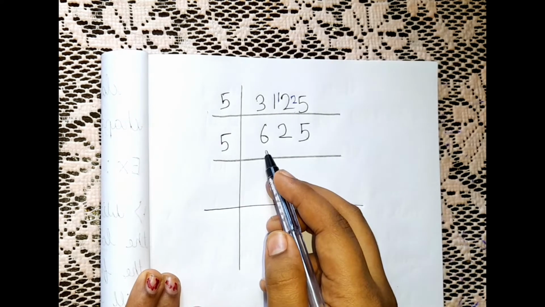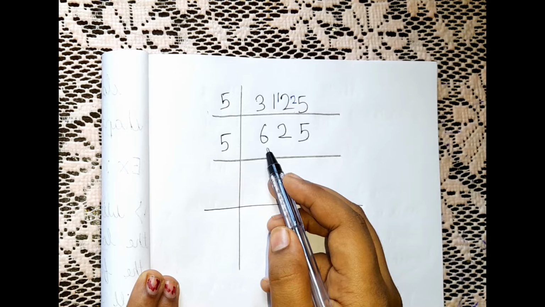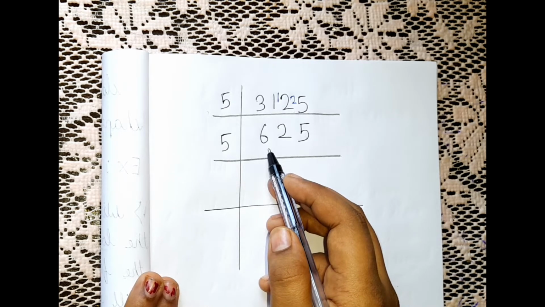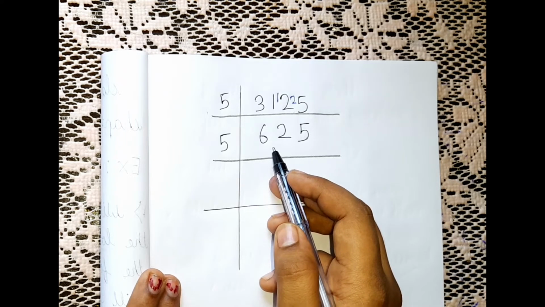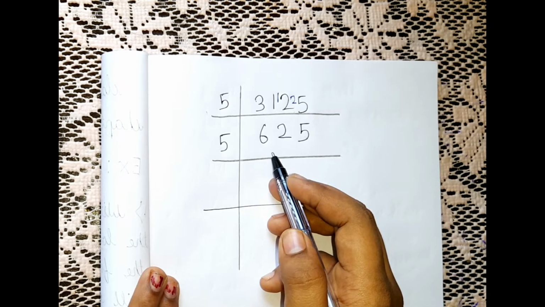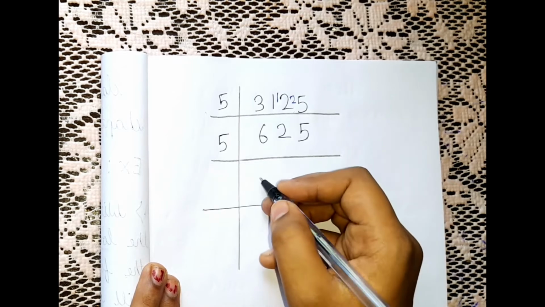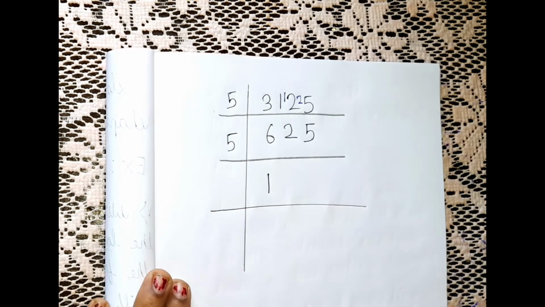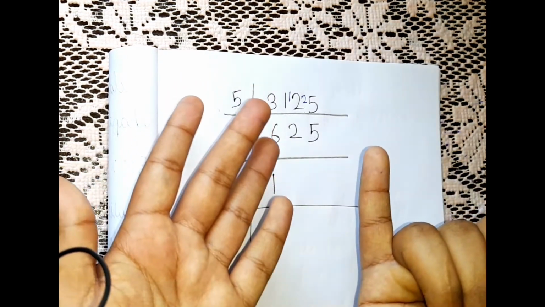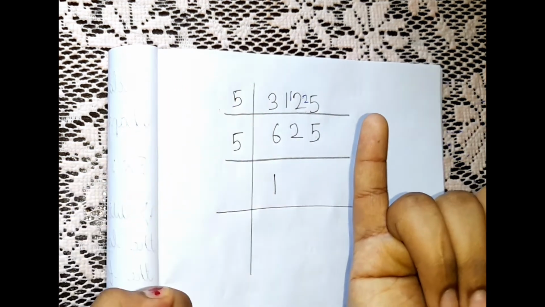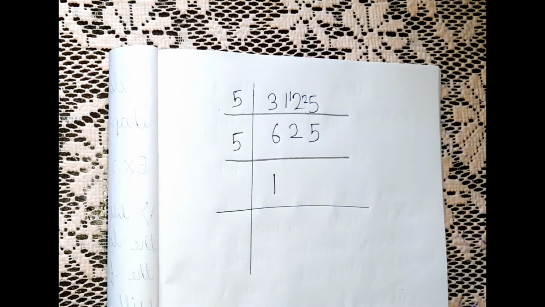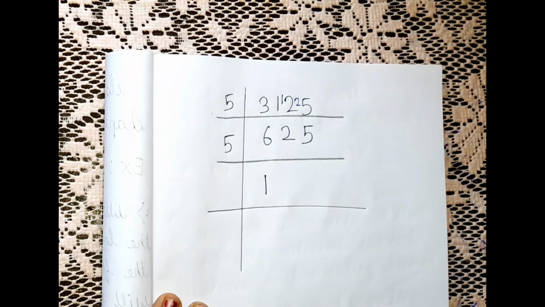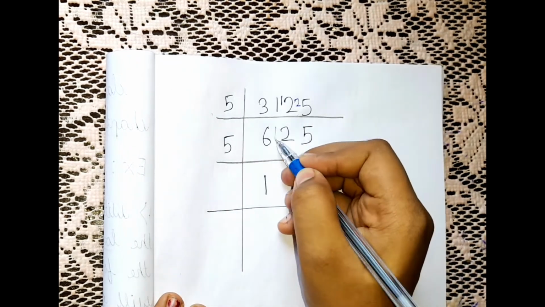So the first digit is 6. We won't get 6 in the fifth table, but we get the smallest number compared to 6, which is 5. So we are going to be writing 1, because 1 5 is 5. So in this, 5 is gone, then 1 is left out. That means 1 balance. So we shall write the 1 right over here.